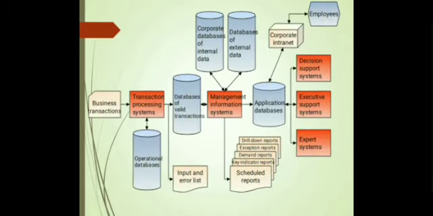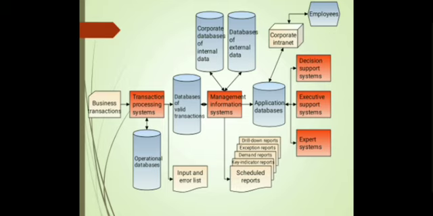Sources of management information is schematically represented. As I said already, business transactions are recorded, stored and evaluated through the transaction processing system with the support of operational databases, and then these transactions are validated through the process control system to check out the bugs, errors and bias, and then it acts as an input to MIS in addition to corporate databases and external databases.